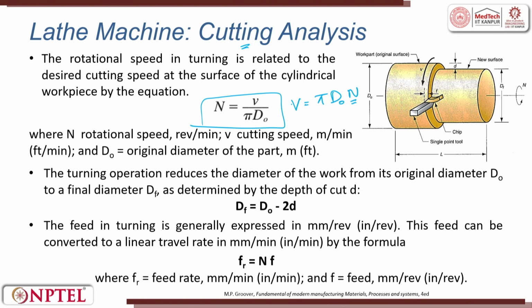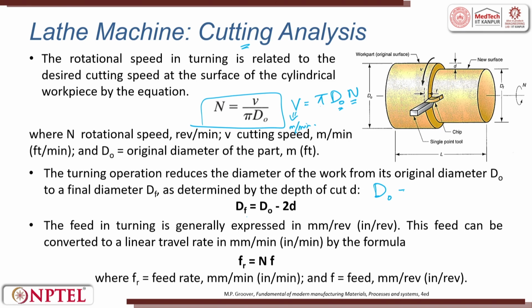So, if you want to find out the cutting speed V, it is nothing but pi into d naught into n, where n is the speed, V is the cutting speed which is given in meters per minute, and d naught is the original diameter. When I try to reduce a diameter from d naught to d final, it can be done like this.